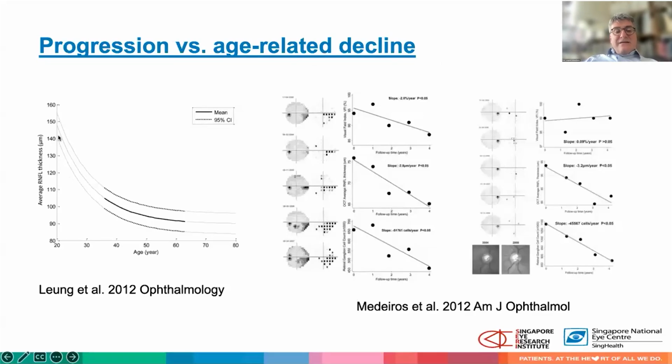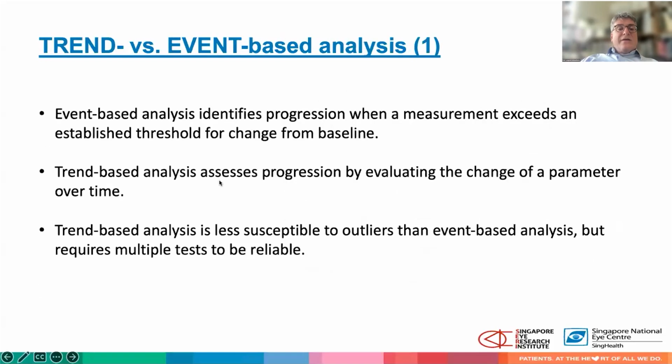And as you can see here, this also depends on the age. Please consider that particularly in young subjects, there is a very strong decrease in retinal nerve fiber layer thickness over time, also with healthy aging. When we look into progression, there are two ways to do this. This can either be trend or event-based analysis.